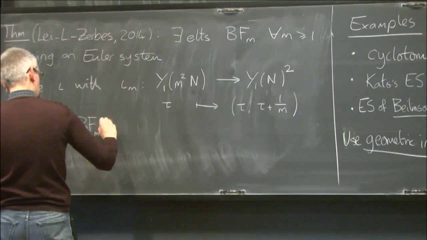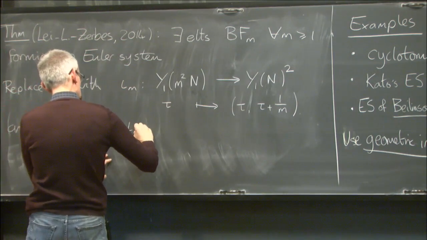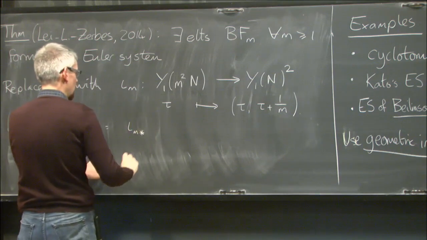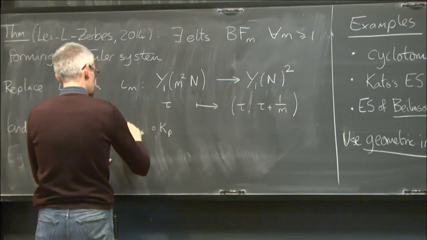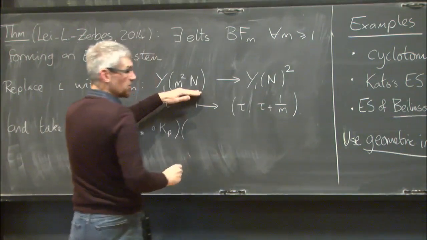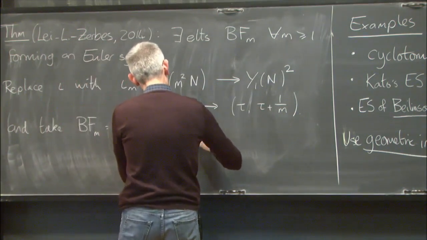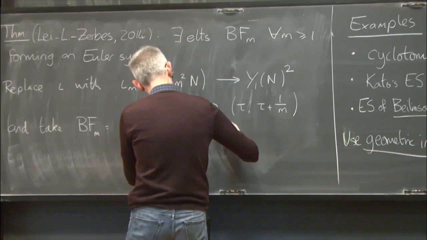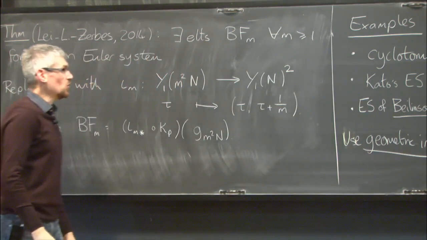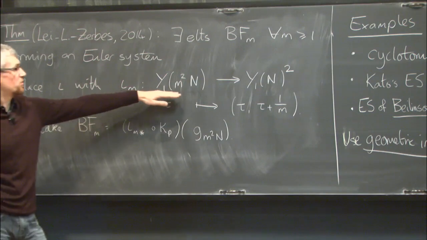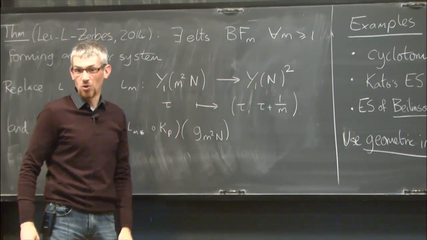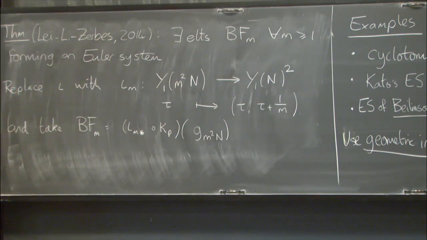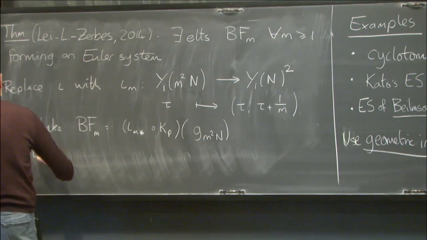And we take BF_m to be iota_m lower star composed with kappa_p of the Siegel unit on this guy. And the important point is that although these are both varieties defined over Q, iota_m is not a morphism of Q-varieties. Iota_m is only defined over the field extension Q(zeta_m).